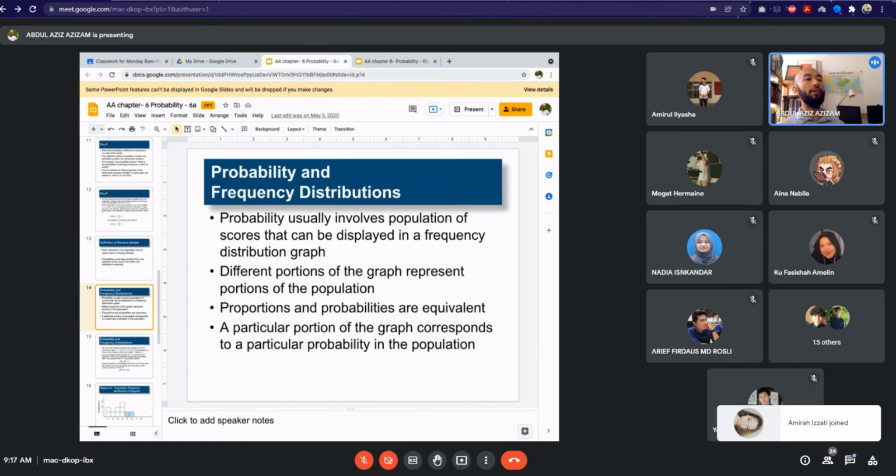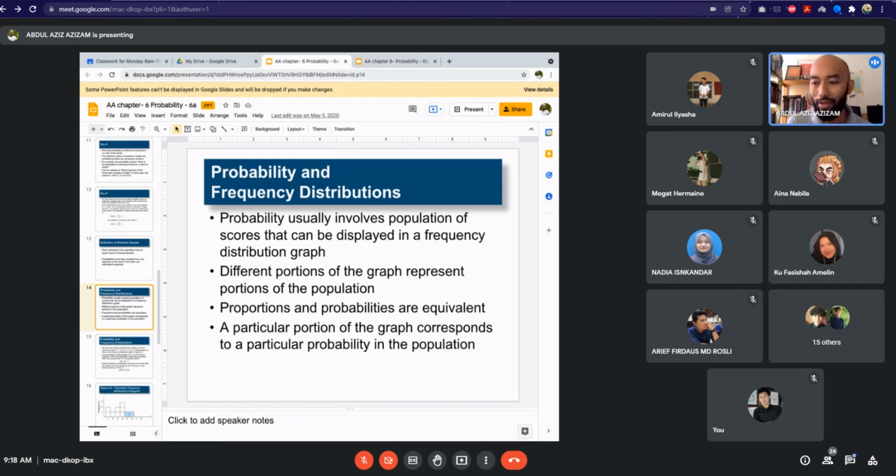Different portions of the graph represent portions of the population. Proportions and probabilities are equivalent. A particular portion of the graph corresponds to the particular probability of the population.